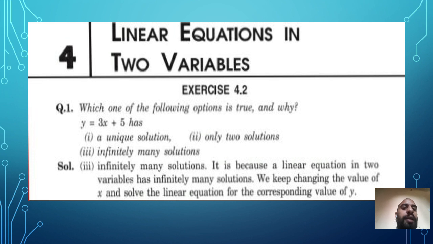Then you will get y value equal to 5. When x is 0, then y is 5. Second value, let x equal 1. If x is 1, 3 times 1 is 3 and 3 plus 5 is 8. So y value is 8. In this way you can calculate so many values. That's why the answer is infinitely many solutions.